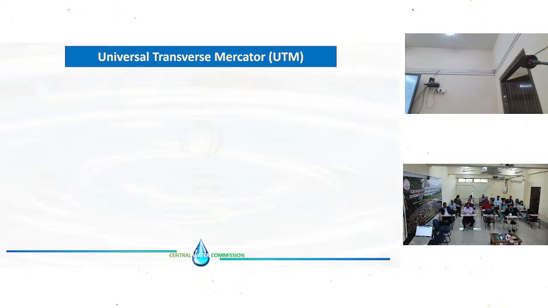So if you have a global coordinate system, GCS, this is unprojected. That means you are only using the latitude and longitude without projecting it on any planar surface. That is known as the global coordinate system. For that, they have given a code of 4326. You need not remember everything, but this one you will come across.